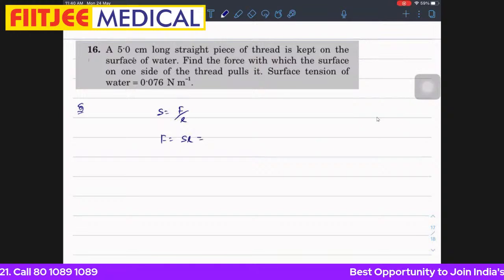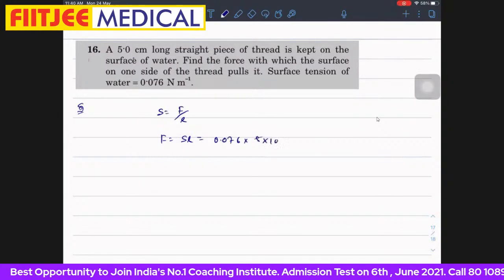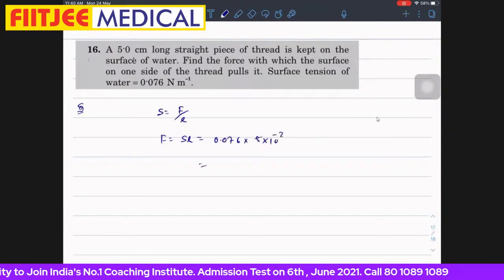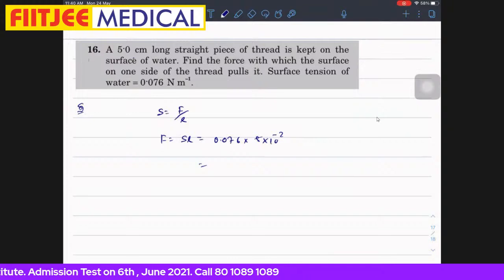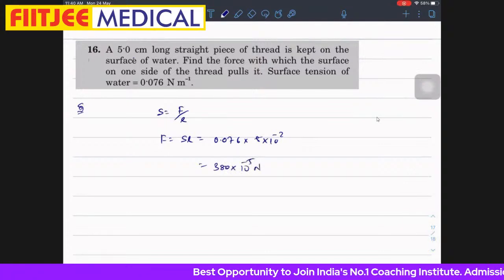They're asking only one side, otherwise the net force would have been 0. Surface tension is given as 0.076 and length is 5 centimeters, so 5 into 10 to the power minus 2. So 76 into 5 is 380, so 380 into 10 to the power minus 5 Newton.